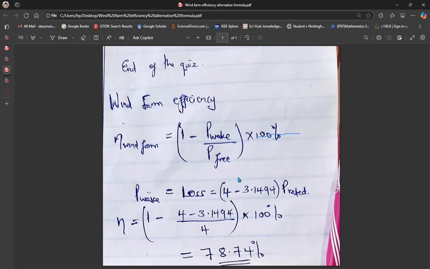To calculate the efficiency, we take 1, then take away this loss over 4, and since we want it as a percentage, we multiply by 100. And there we get the same answer, 78.74%. So you can use either formula, the area efficiency formula or the wind farm efficiency formula.